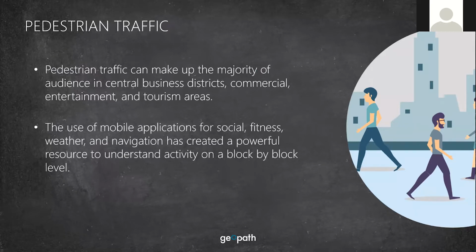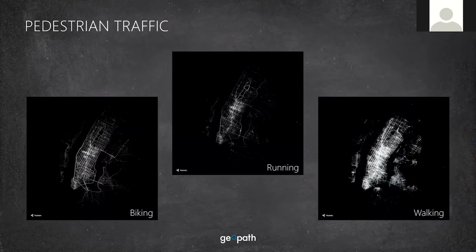Now, with the propagation of mobile location data, this has been incredibly helpful for understanding the density and the activity of pedestrians at a much more granular level than we've ever been able to measure. And so this is another fantastic improvement, much higher resolution and precision of our pedestrian traffic across the country.